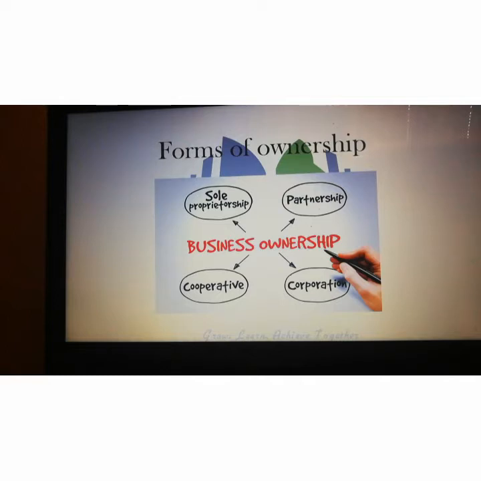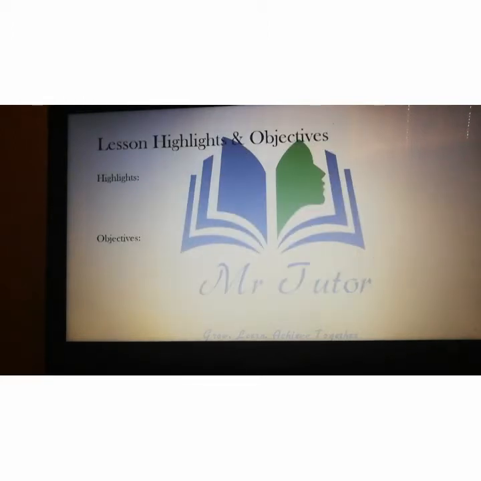Like I said, we are covering forms of ownership. In business ownership generally, there are different kinds or different forms of ownership, and we are going to be covering those in today's lesson. Today's lesson highlights and objectives: we'll start with the highlights, which are to identify the types of ownership we have in the business sector.